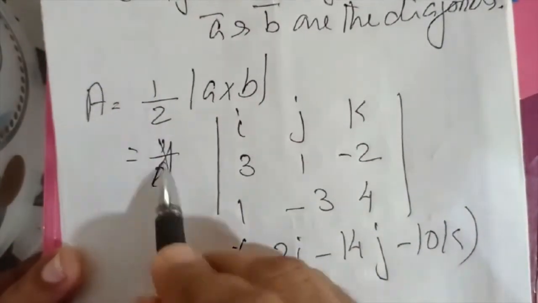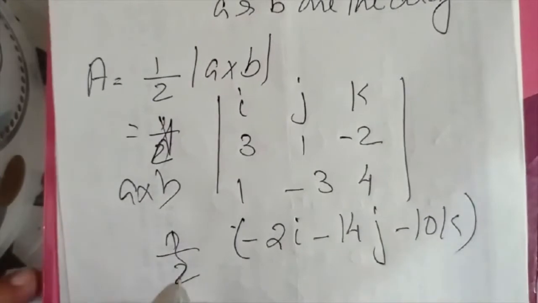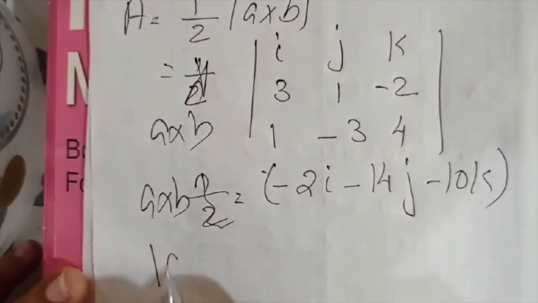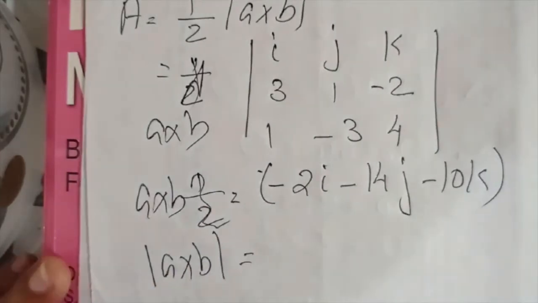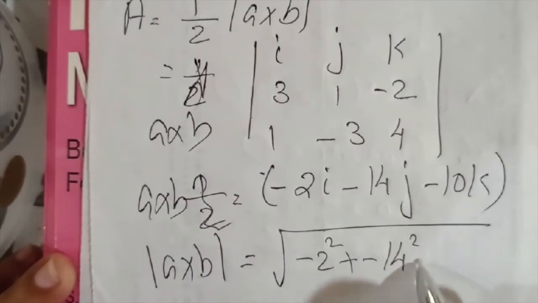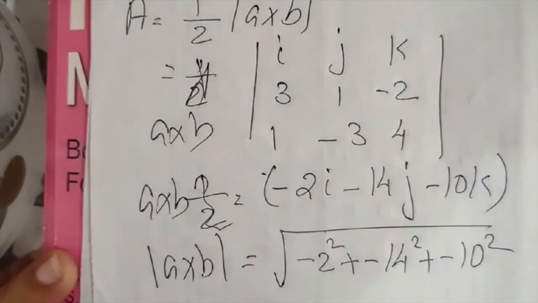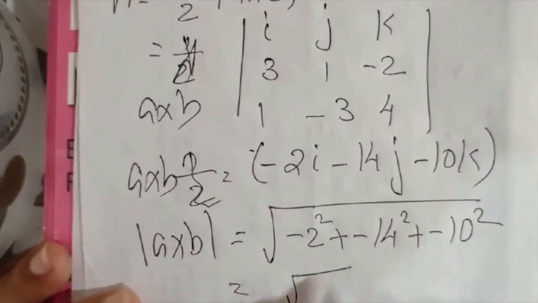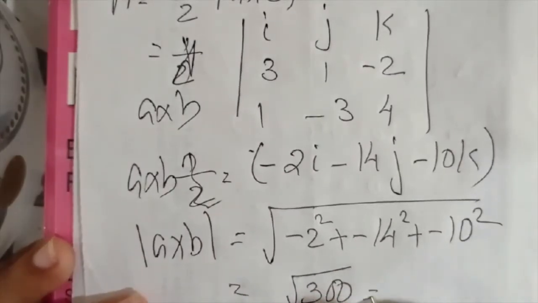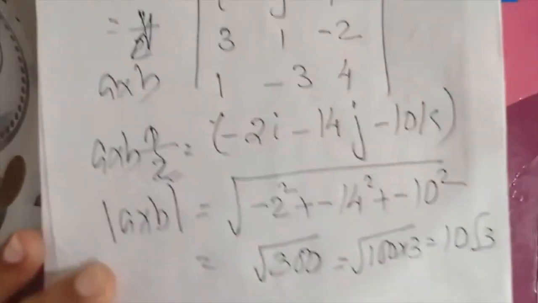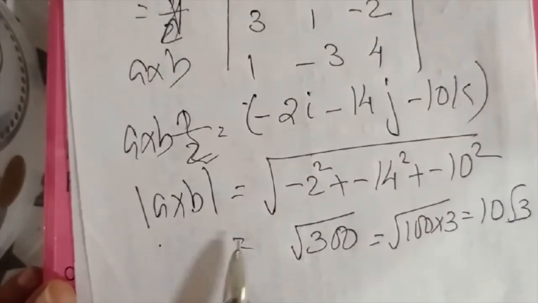Actually, first you find A cross B. No need of writing this half there. Then we find mod A cross B: root of minus 2 square plus minus 14 square plus minus 10 square. Answer is root 300, root 100 into 3, that is 10 root 3. 10 root 3 is only mod A cross B.